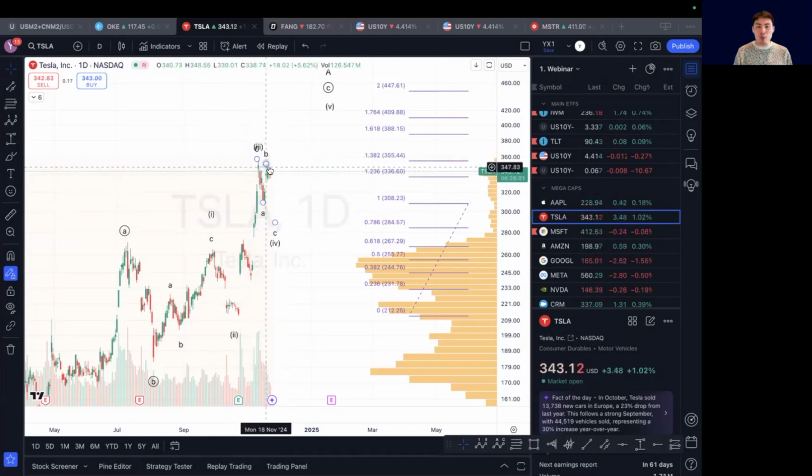So this may well be a B wave, and if we get down here, a C wave down to 280, mid 280s, or even low 290s, I think is a pretty good re-entry opportunity. I still think Tesla will get to 400 in the medium term, so that would be a pretty nice re-entry for a trade setup.